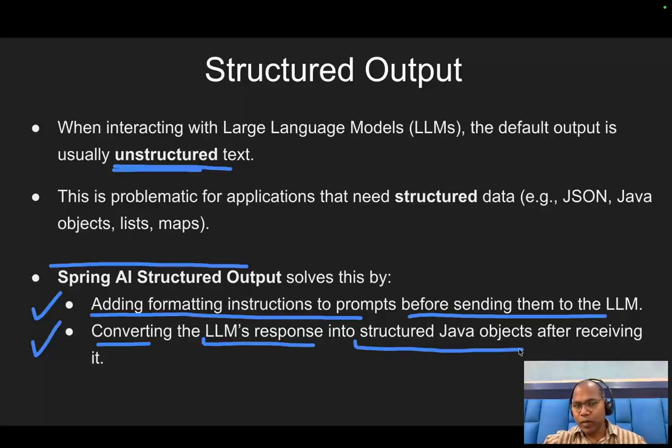While sending the request, you add the structure format, so that the Gen AI generates the response and sends it back in simple text or unstructured format. Then Spring AI plays a role again, converting the LLM response to the corresponding structured data which the application wants.